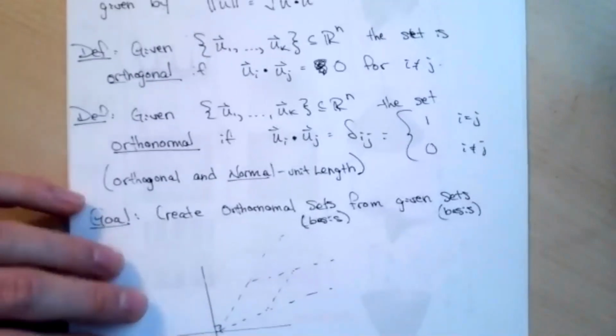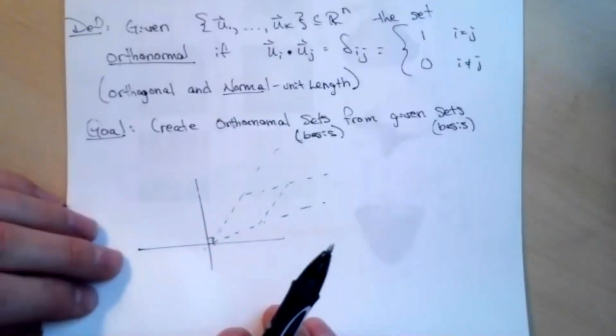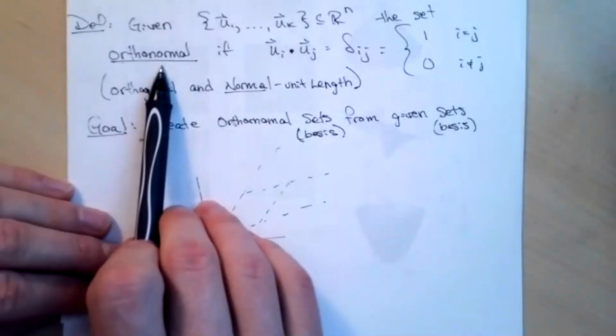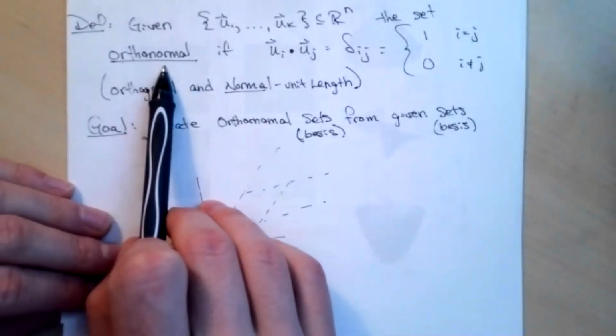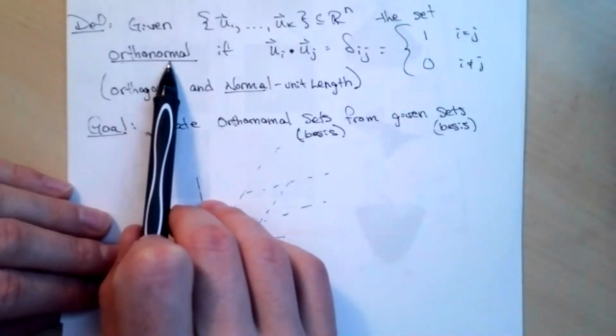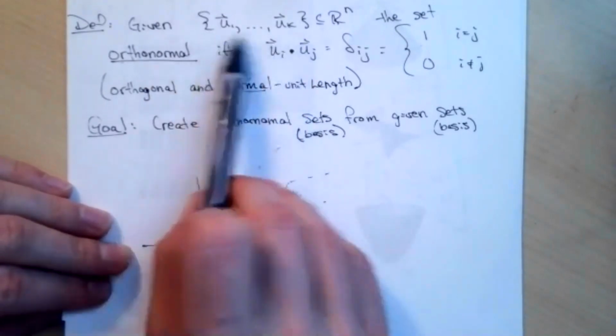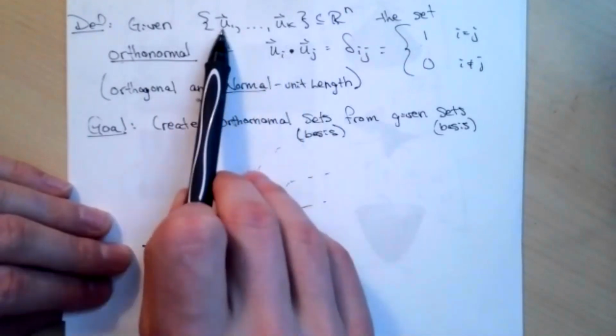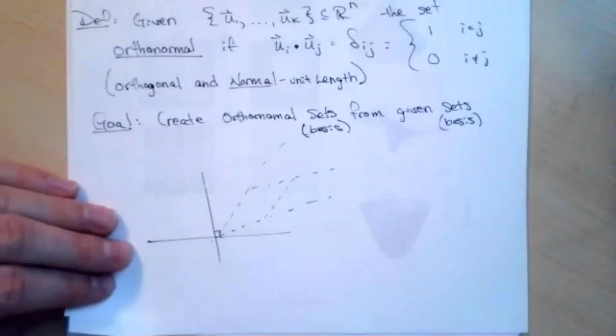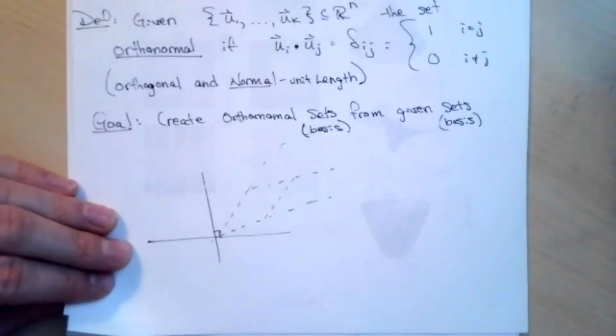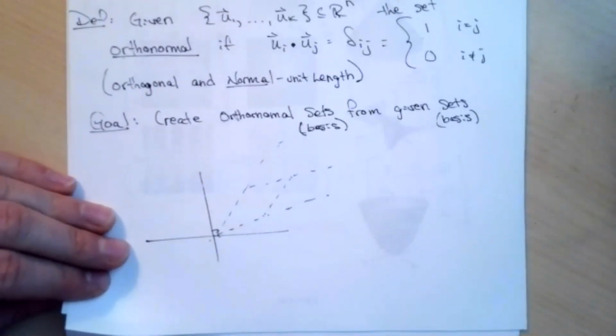Of course, it's not orthogonal to itself. And then we have an orthonormal set if every element in the set is not only orthogonal to the other ones, but each element is of unit length. And that's going to be our goal for today. This is the idea behind the Gram-Schmidt process.